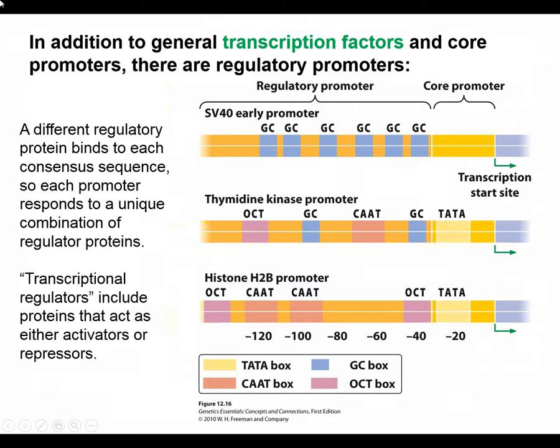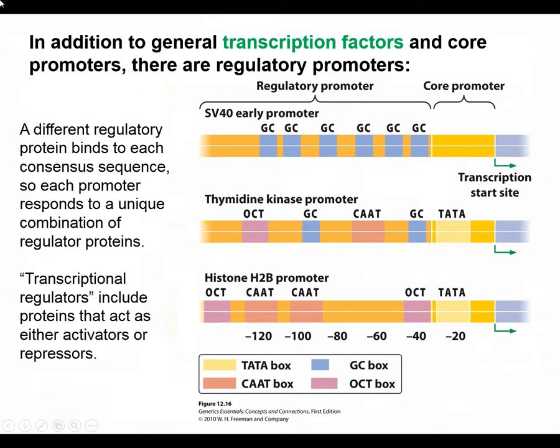If the cell has those proteins, then those proteins will stick, and that would activate transcription of that gene. If the cell doesn't have those transcription factors, then even though the cell has the basal or the core promoter transcription factors, if it doesn't have these additional proteins, then the gene will not be really activated.